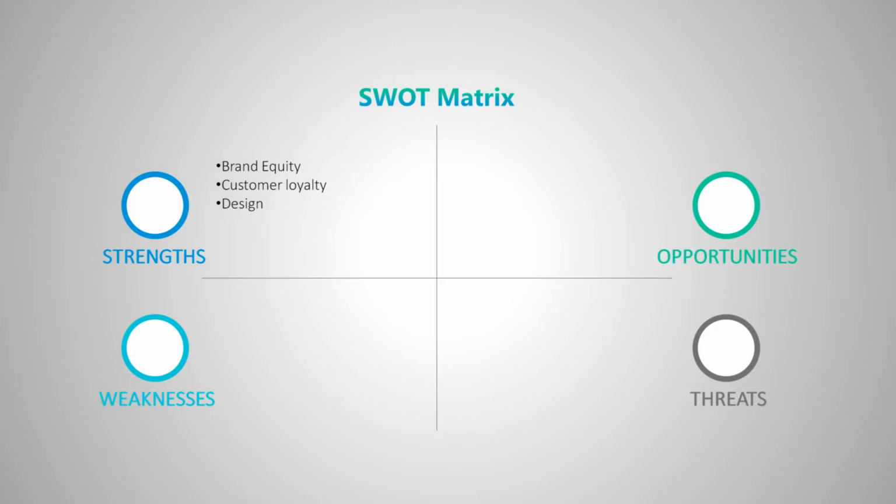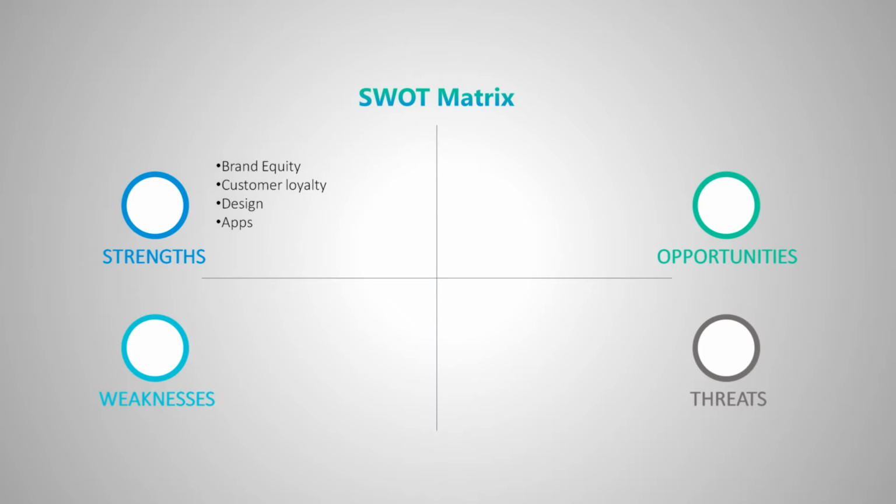Of course, the design is one of the big assets of the product. Good design, excellent design, very consistent. The fourth strength of Apple iPhone, the apps. You can have a lot of apps you can use on your smartphone. So these are all things we can identify as strengths for the brand.